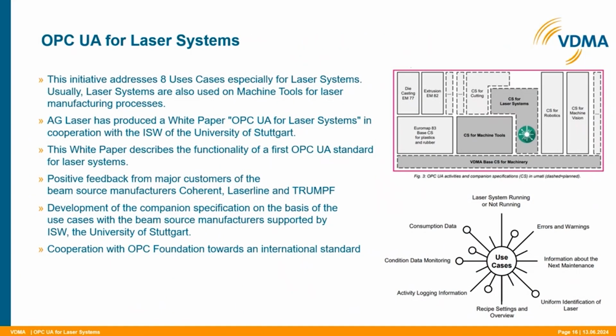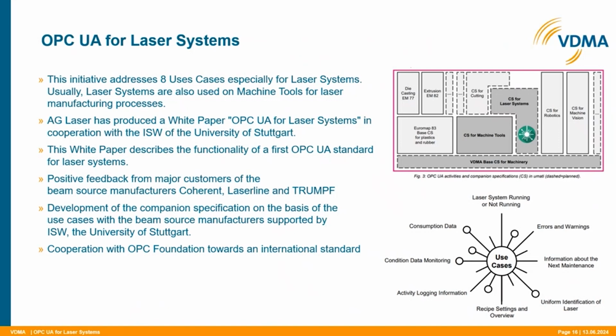Our initiative for OPC UA for laser systems started with a white paper, which identified 8 use cases, which you can see on the right-hand side, on the lower part. Those 8 use cases are specifically for laser systems. After the publication of the white paper, we received positive feedback from major customers of the beam source manufacturers Coherent, Laserline and Trumpf.